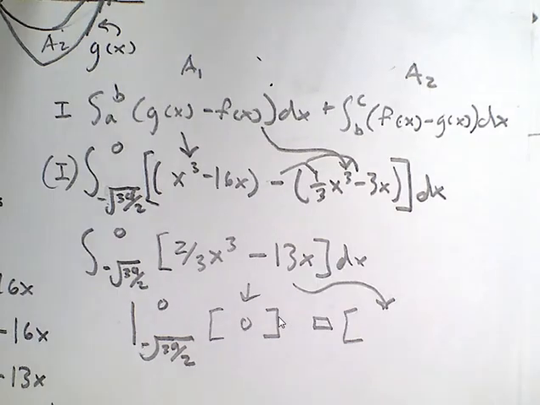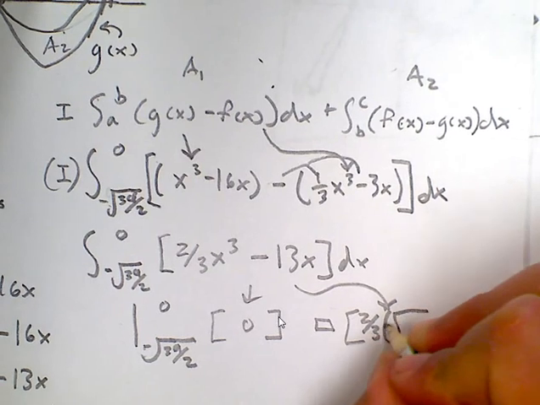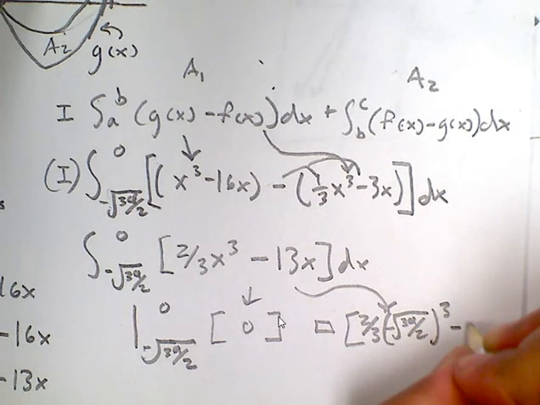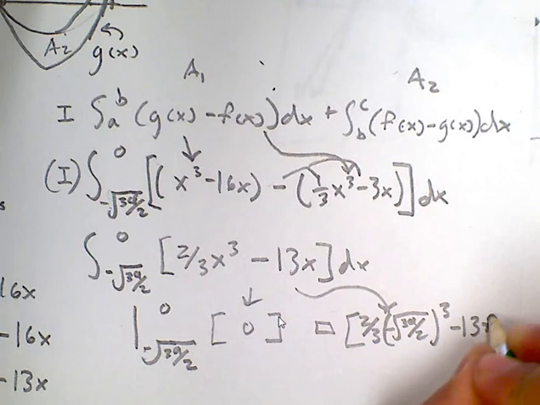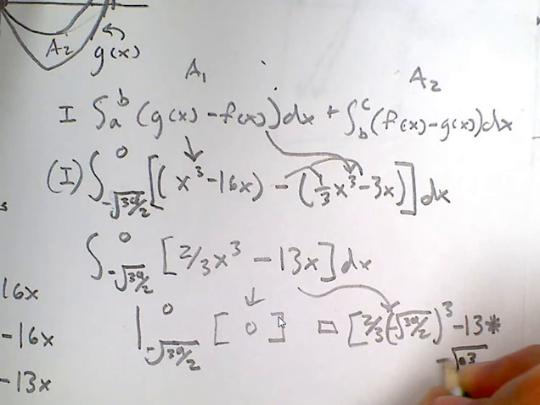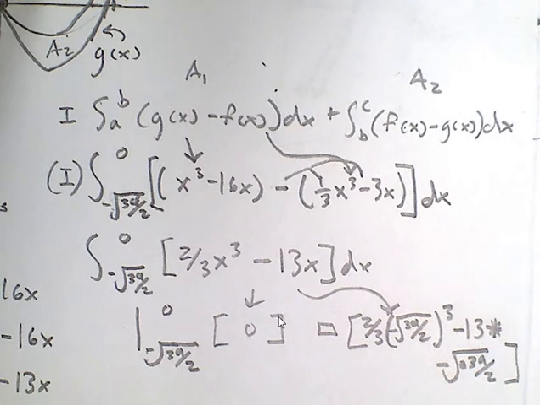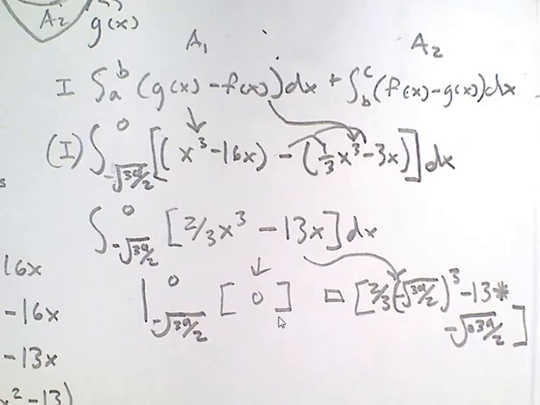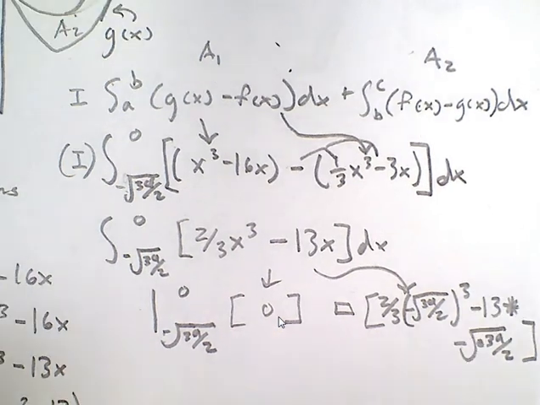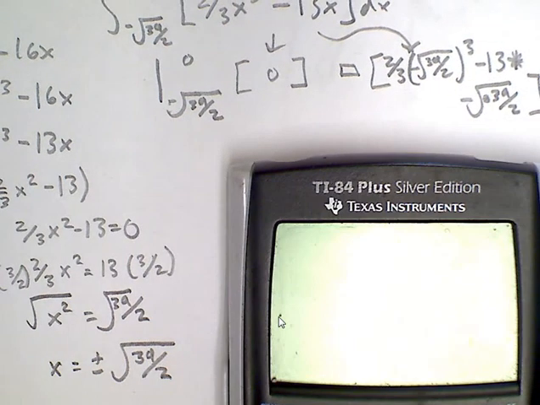Okay, so 2/3 times negative square root of 39/2 cubed minus 13 times negative square root of 39/2, and there you have it. Alright, I'm sorry that's a bit sloppy, but that's what you have when you plug in the negative square root of 39/2. So now I'm going to use my calculator. Like I said, y'all didn't have to, but on this one it just so happened you have to.